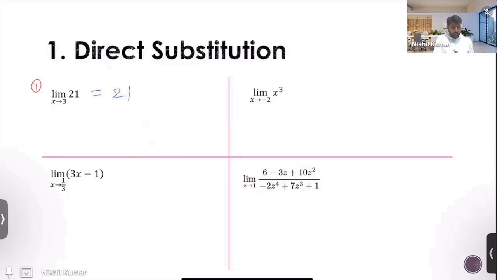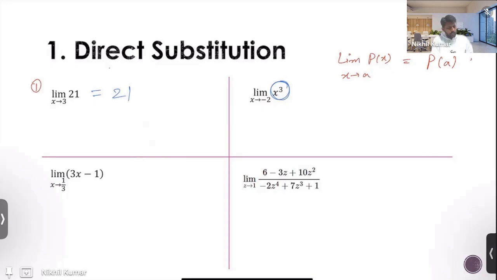Let's move on to a little bit more complicated function. Now we have x cube. What will be the limit of this function as x tends to minus 2? If you remember my last lecture, we discussed that the limit of a polynomial function when x tends to a is equal to the value of the function at x equal to a, isn't it?